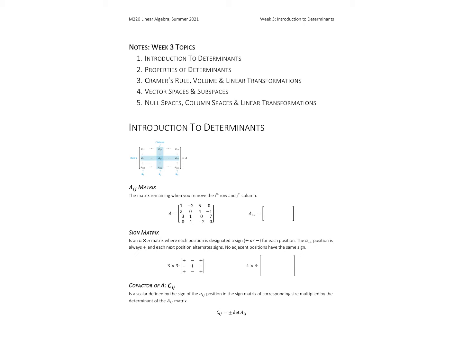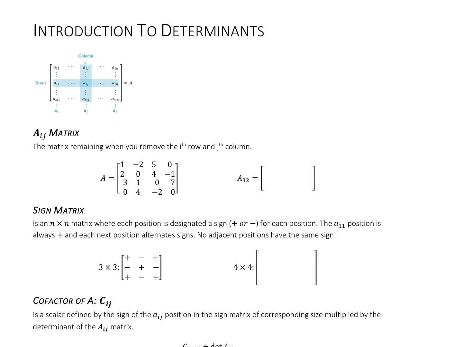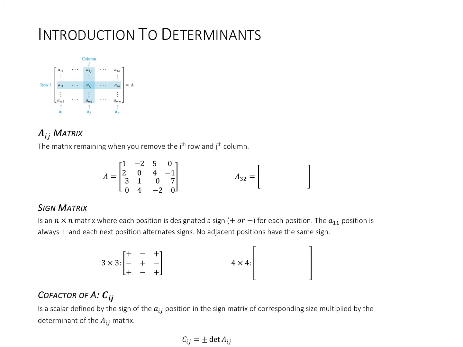This week we are going to talk all about determinants, and then some more determinants, and then some more determinants, and then we're going to talk about vector spaces and what that means. We've talked a little bit about determinants already, in particular the determinant of a 2 by 2 matrix.